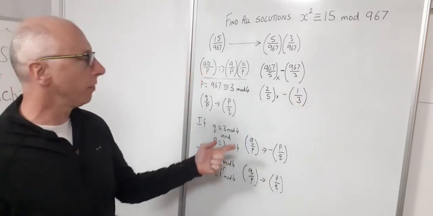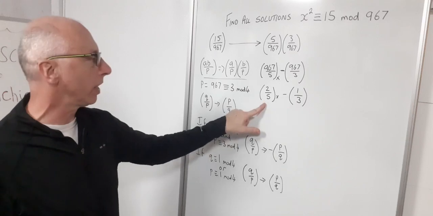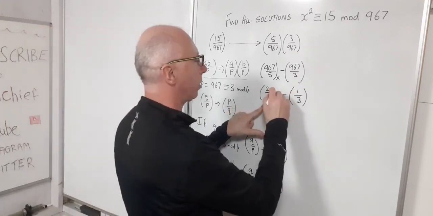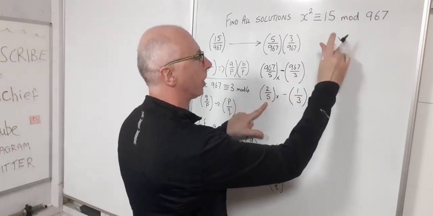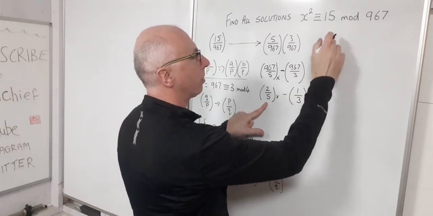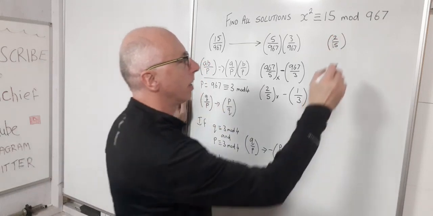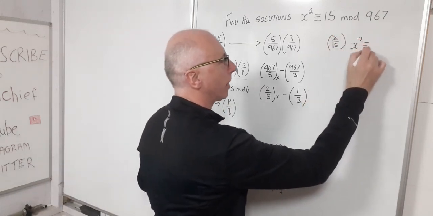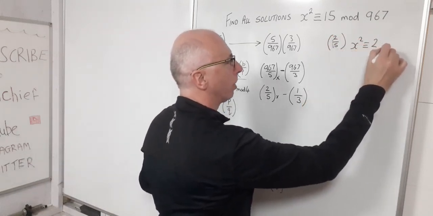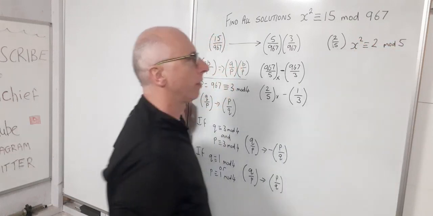Okay, so now we need to find out, is there a solution to either of these? Let's look at this one first, 2 over 5. That's asking us, is there a solution to x squared is congruent with 2 mod 5?